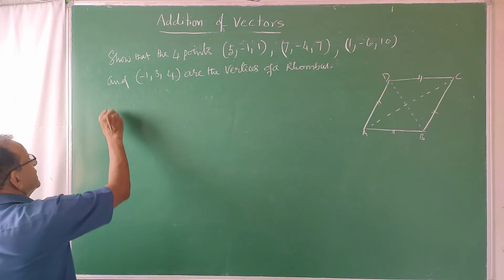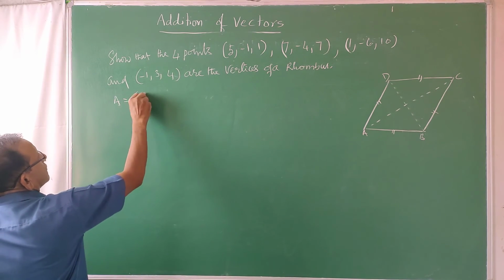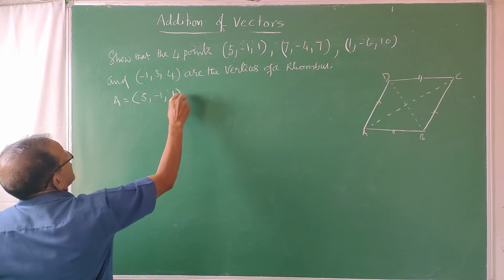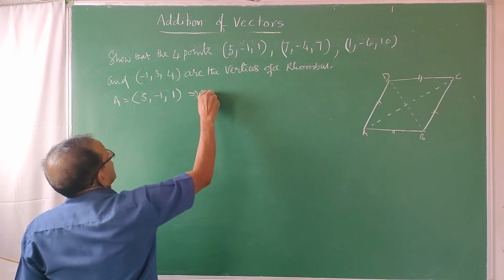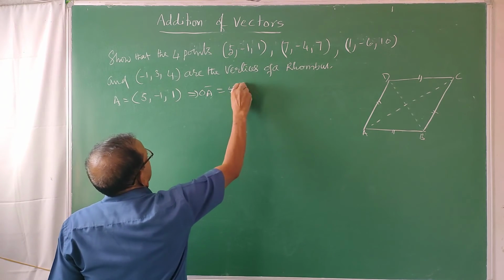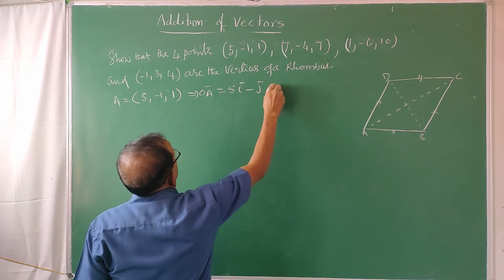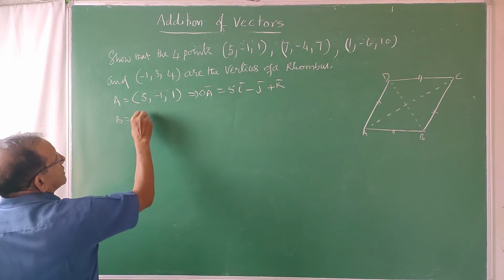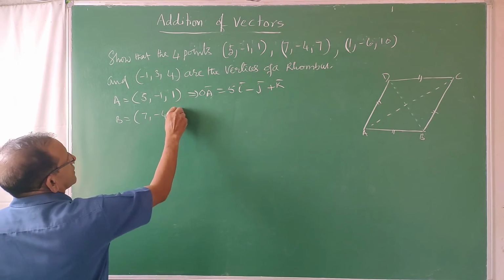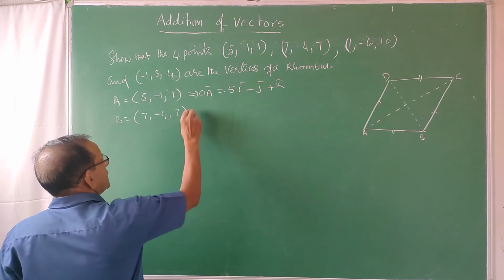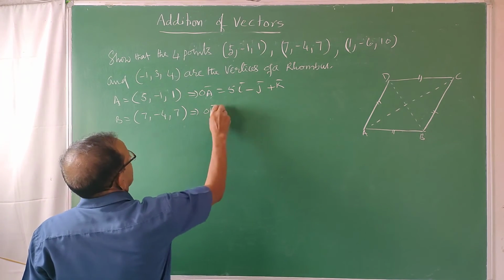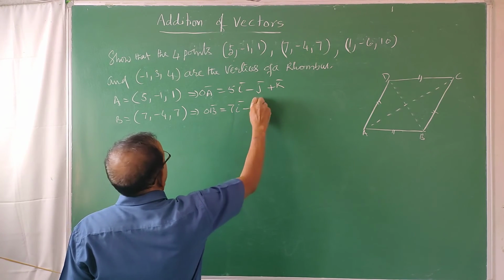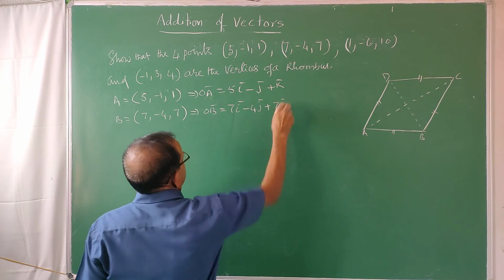Let A is equal to (5, minus 1, 1). That implies OA bar is equal to 5i bar minus j bar plus k bar. And similarly, B is equal to (7, minus 4, 7), implies OB bar is equal to 7i bar minus 4j bar plus 7k bar.